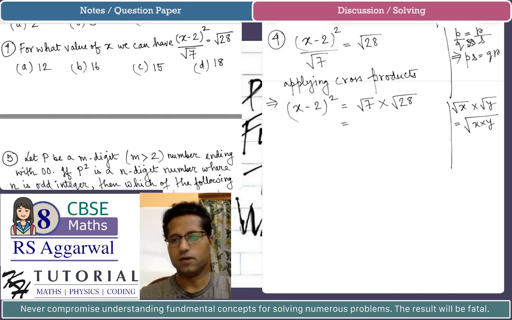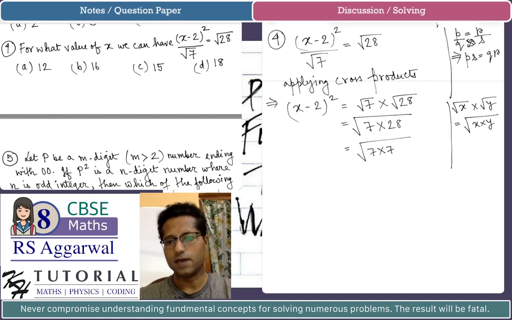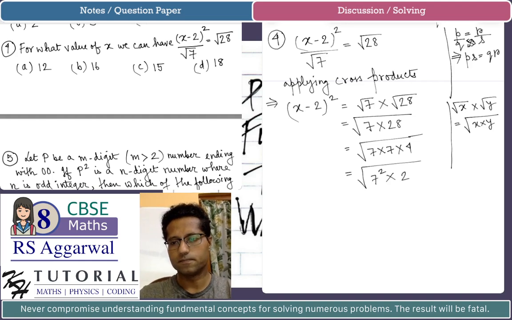So this is equal to the square root of 7 multiplied by 28, which is 7 into 7 into 4. So this is the square root of 7 square times 2 square, which is 7 into 2, equal to 14.